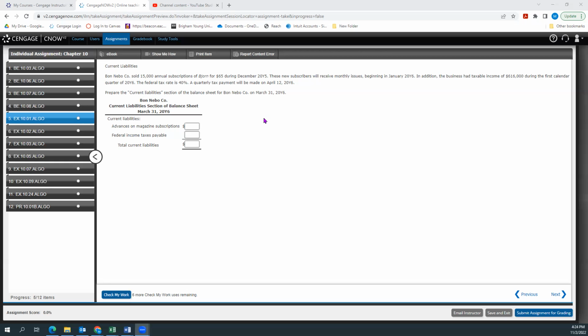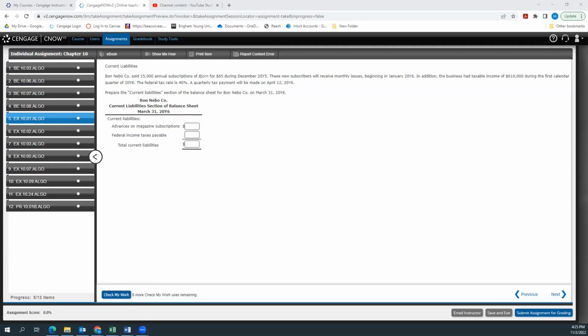So the first thing is the advances on magazine subscriptions. So in essence, we received all this money, but we haven't actually delivered the magazines yet. In fact, we're not going to deliver them until next year, but it does seem like we are going to deliver all of them in the next year. So between now and next December. So I'm going to just go ahead and figure out how much that is.